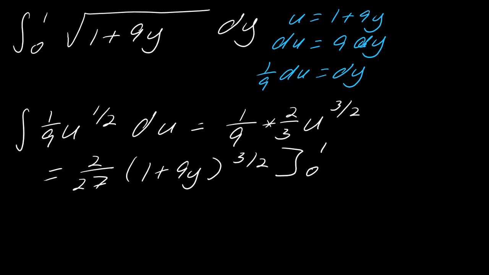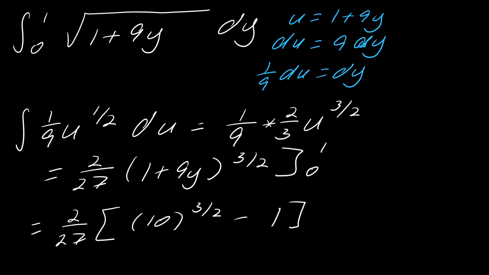And then I still need to evaluate with my limits of integration from 0 to 1. So I need to bring those back. So I have 2 over 27 times (1 plus 9, so that's 10 to the 3 halves, minus just 1).